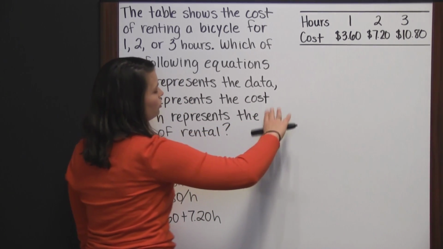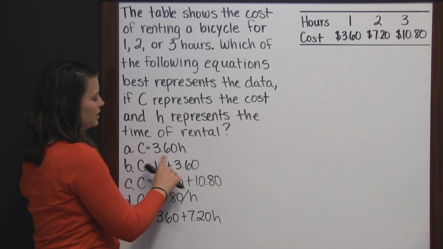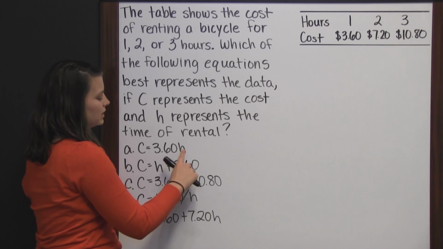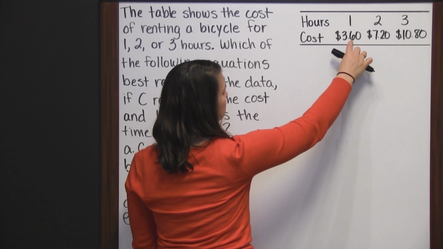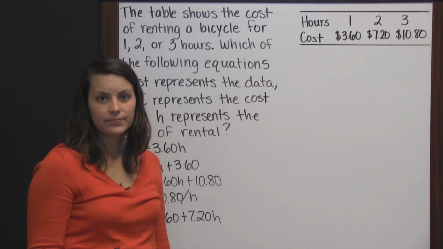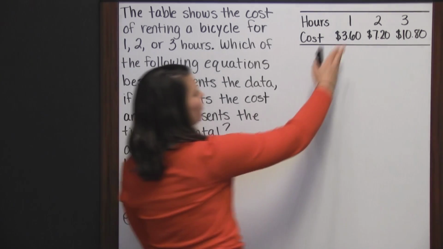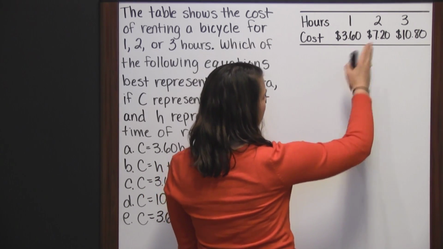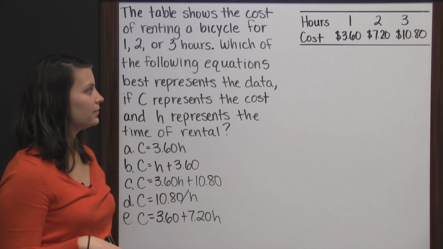For instance, you could replace H with 1, and you have $3.60 times 1, which is $3.60, which is the cost for 1 hour. And then do the same with 2 and with 3. Because sometimes an equation will work for one set of data, but not for the other 2. So you should test it on all of them.